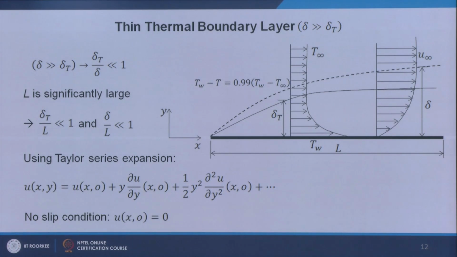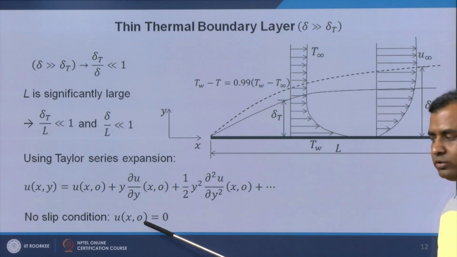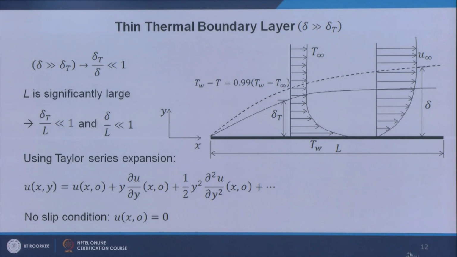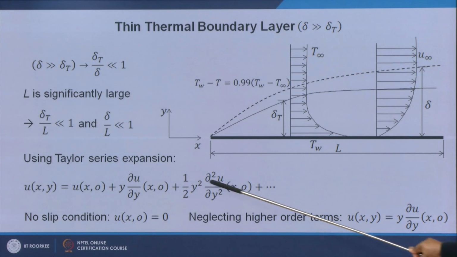Now at the wall, for the no slip boundary condition, U at Y equals 0 is 0, so this term cancels. So we get U of the order of Y into del U del Y, if we neglect the higher order terms.